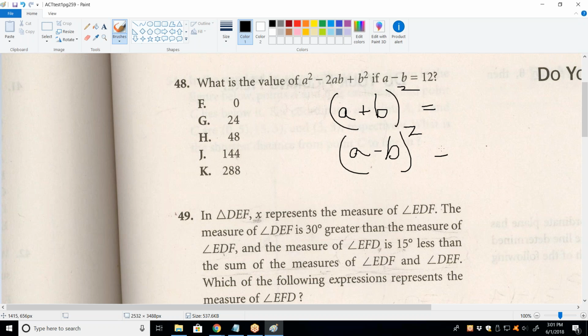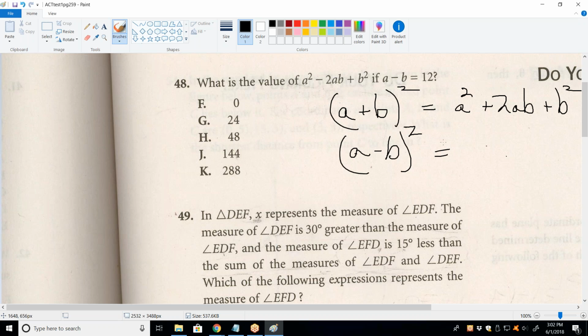In other words, this is such a common problem where you have to square a binomial that you don't want to have to FOIL it every time. Turns out that when you square the top, you get a squared plus 2ab plus b squared.